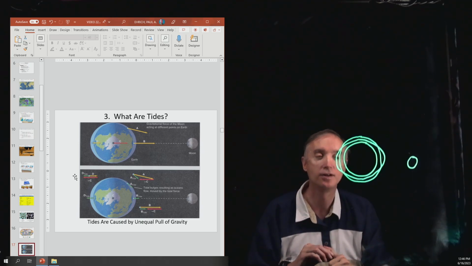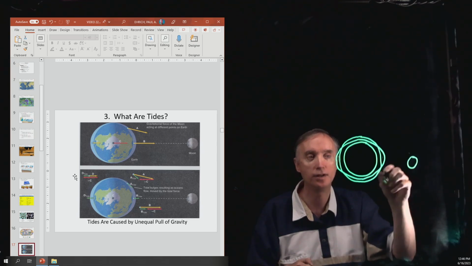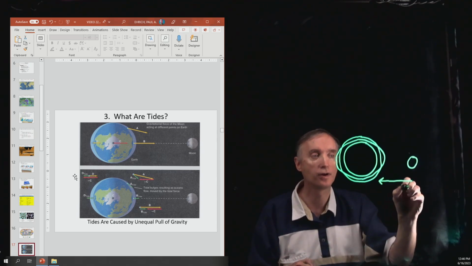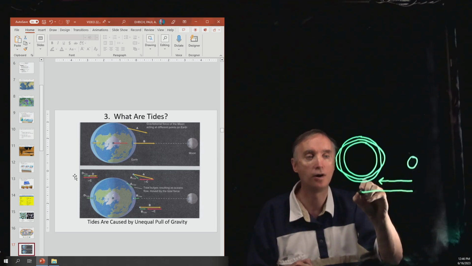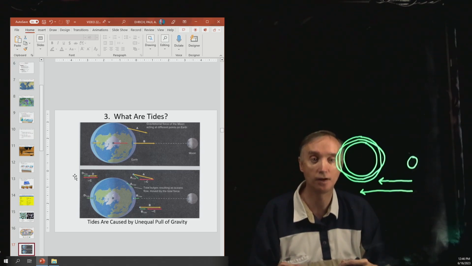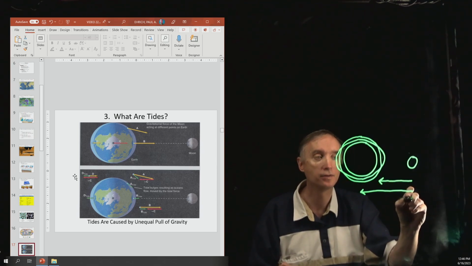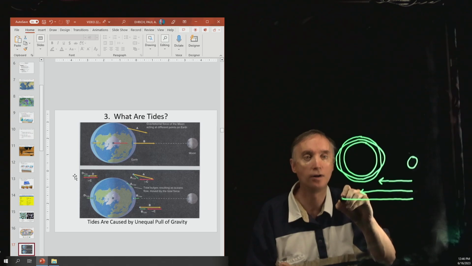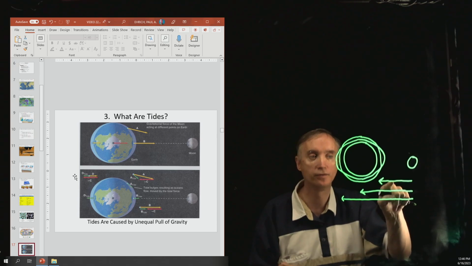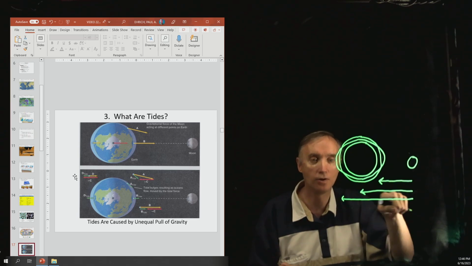No, that's not correct. What's really happening is that the gravity of the moon is pulling on this water here. The gravity of the moon is pulling on the actual rocks of the Earth, so it's pulling on the geosphere as well. And then the gravity is pulling on this water on this side over here. Now look at the distances that are involved. You have a short distance, a medium distance, and then a long distance.